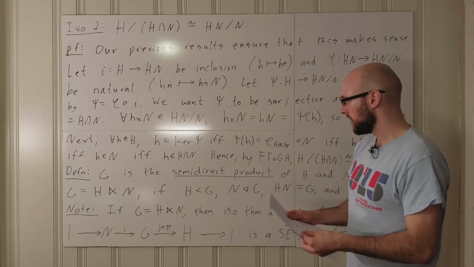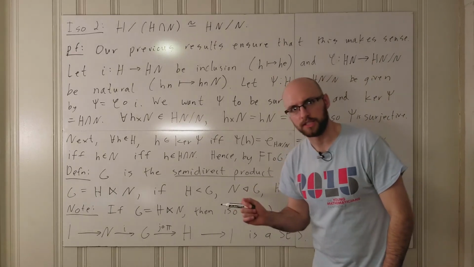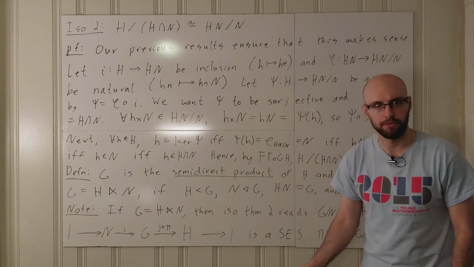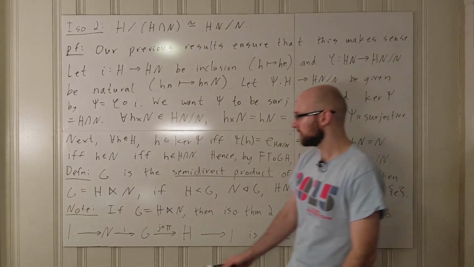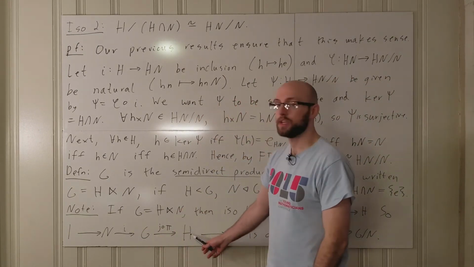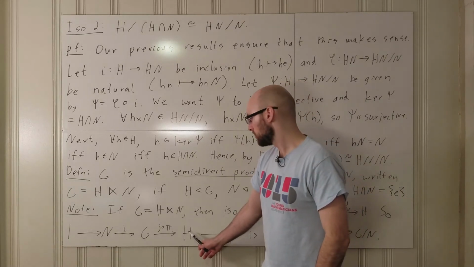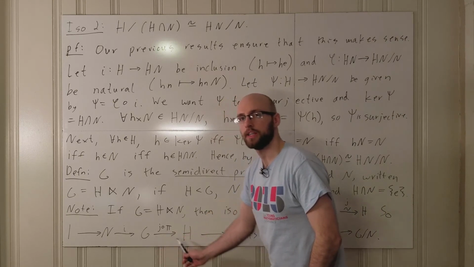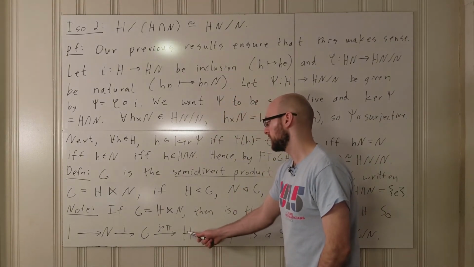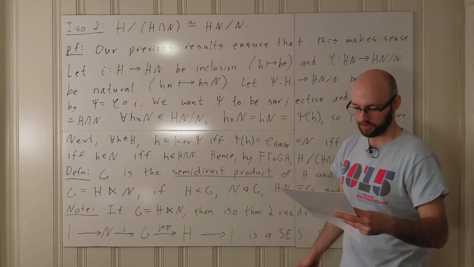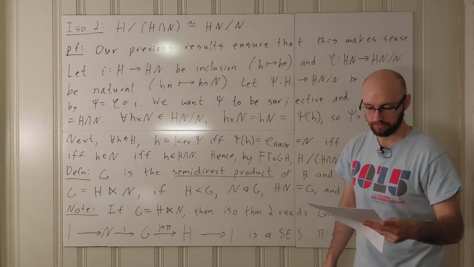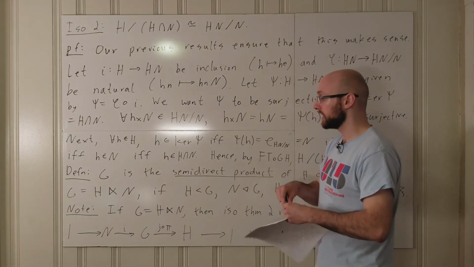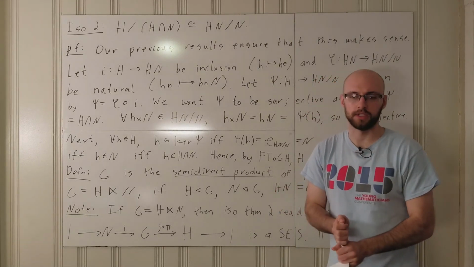So the other thing to note about this is that this is actually kind of special. There's something special about this short exact sequence, because not only can we go this way, but H is a subgroup of G. So we can actually go back from H to G by the inclusion map. The inclusion map gives us a way to go from H back to G. And so yeah, that's a neat property, and that turns out to be a really important property.